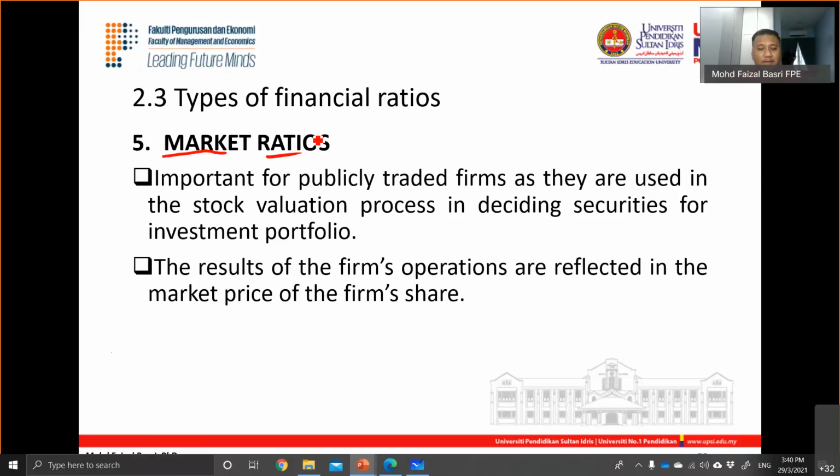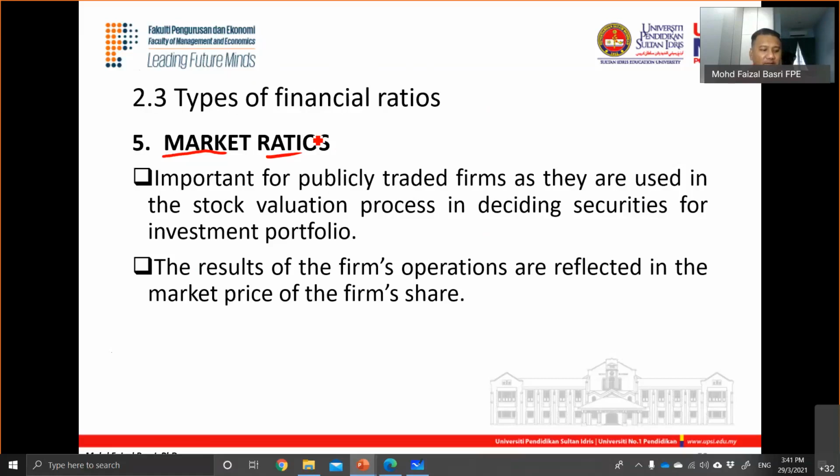All right, let's take a quick break before we move on to the fifth category, which is the market ratios. These market ratios are expanded in terms of the required information. That's why for the assignment later, on top of the financial statements, the balance sheet and income statement, you need to find other information. But don't worry, the information is available online.